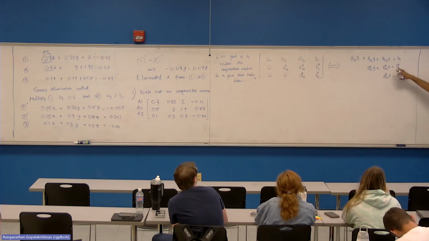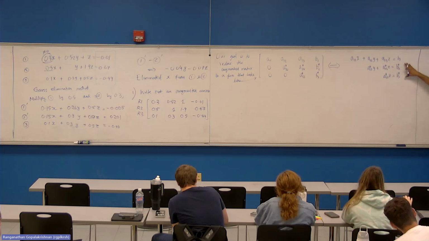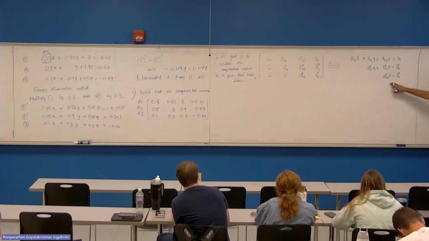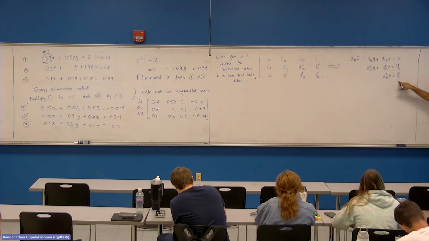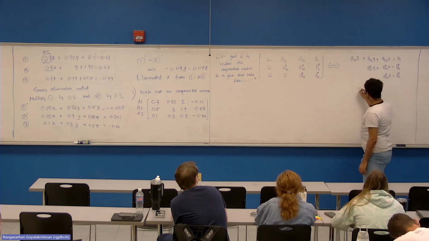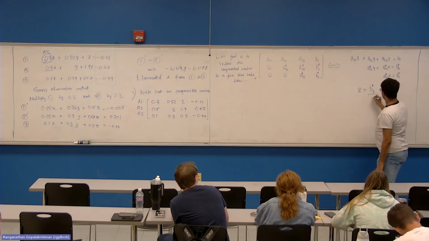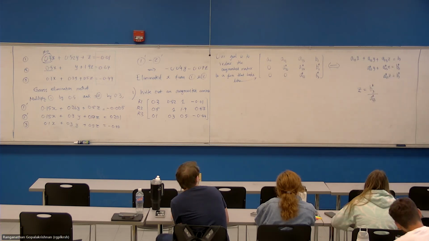You have reduced your original set to this form. Like you said, the third equation involves only z, so you might as well just write z is B3 star divided by A33 star. Right?